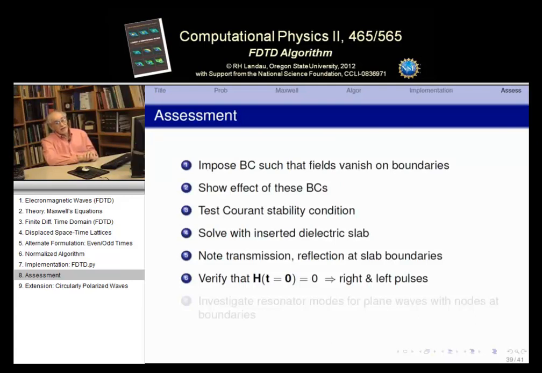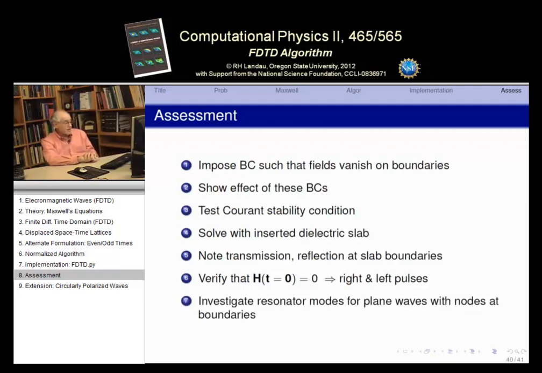That means it changes in time, so even though it may have been 0 at first, at a later time you get a magnetic field. Then if you have a magnetic field which is varying, it in turn will generate an electric field, so you should still get some kind of waves. In this case, you should get both right and left pulses, two coming out. See analytically if that happens.